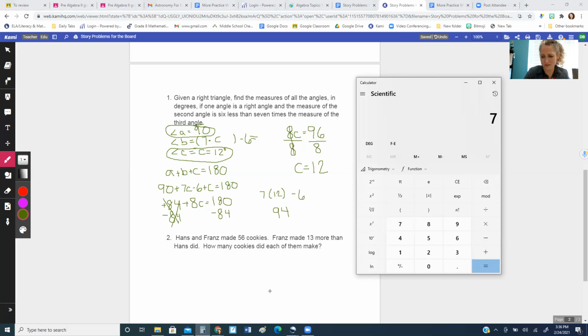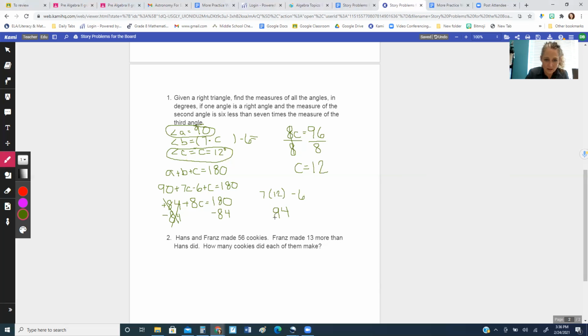Helps if you enter it in right. 7 times, not minus, times. 7 times 12. Oh, 84. See, aren't we glad I double checked? 84 minus 6 is 78 degrees. So it equals 78.